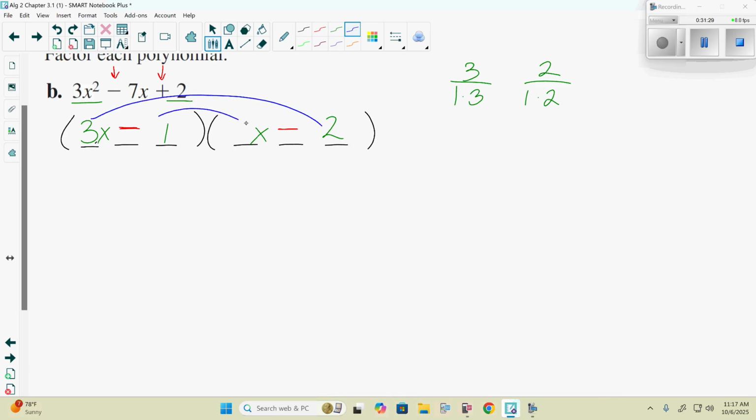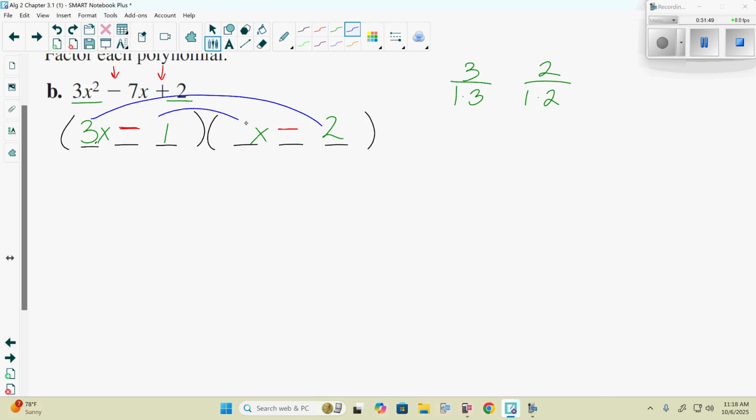And again, I would just plug them in, because the more of these that you do, the more you'll see how the numbers are working and how they're going together. No reason to check the first multiplication: 3x times x, positive 3x times positive x is still positive 3x squared.